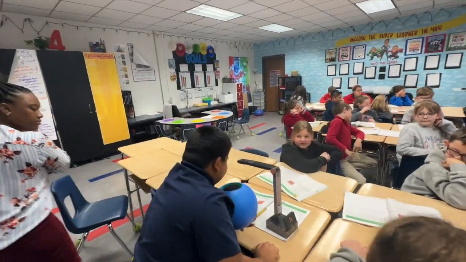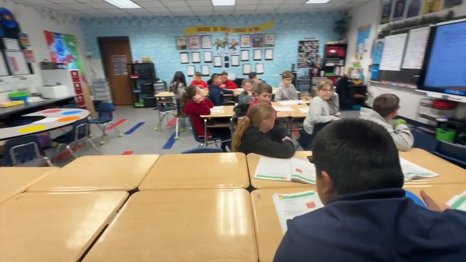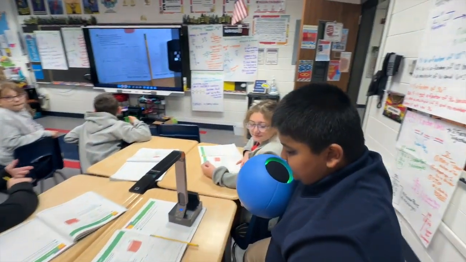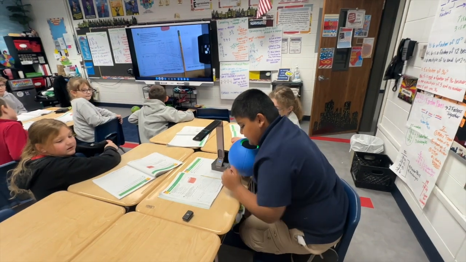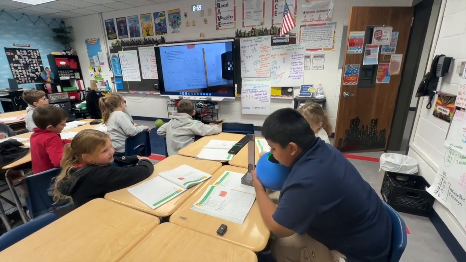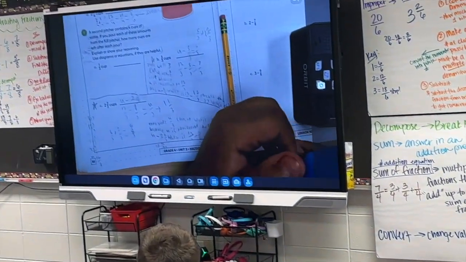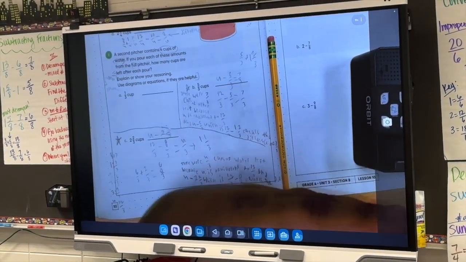So me and Logan did that. We made a key that told us that 4 wholes equals 12 thirds. So we know that 5 thirds is an improper fraction.